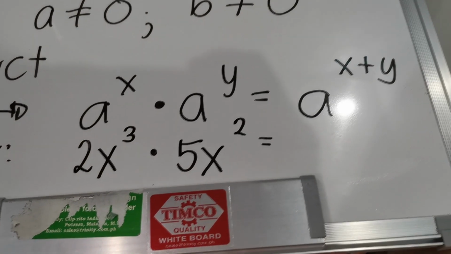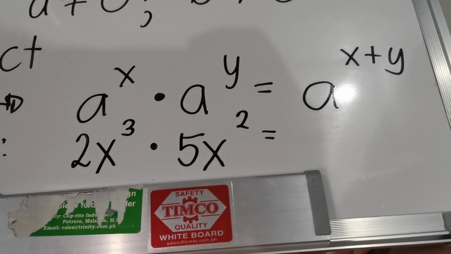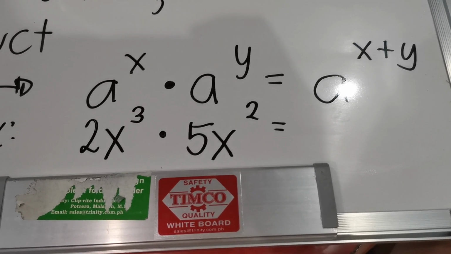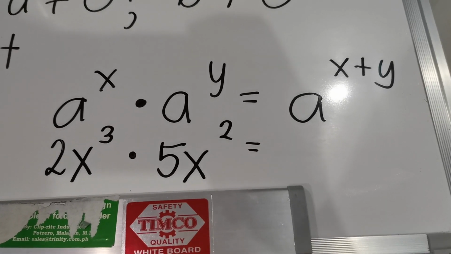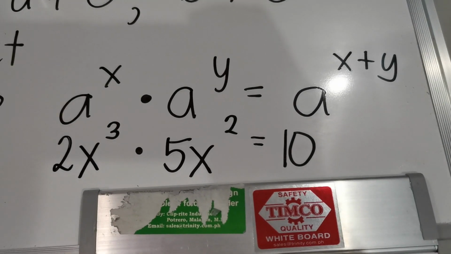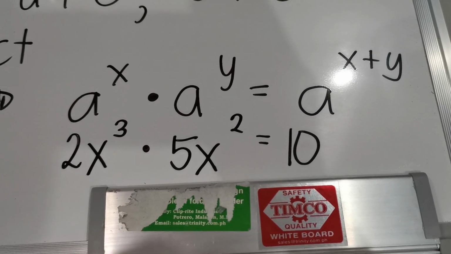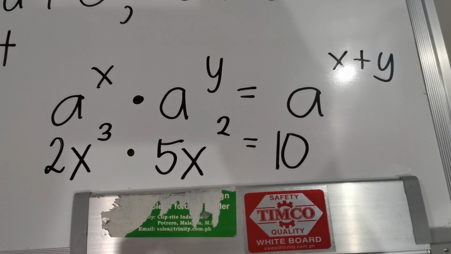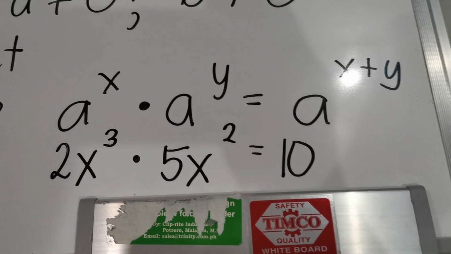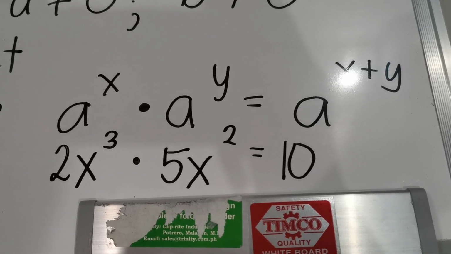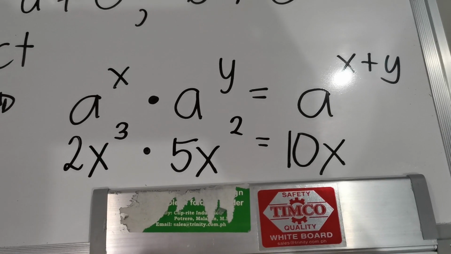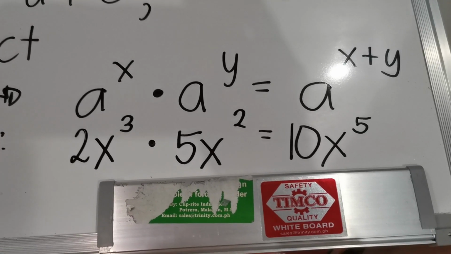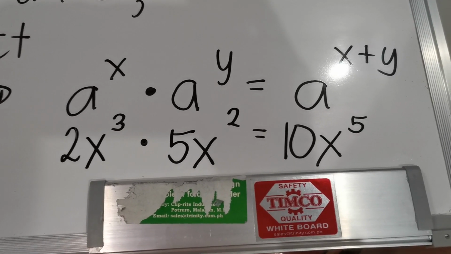In this case, i-multiply natin yung ating numerical coefficients which are 2 and 5. So, 2 times 5 is 10. And then, again, sa rule natin sa product, having the same base, ang gagawin lang natin sa exponents natin ay i-add natin. So, copy the base which is x. Then get the sum of their exponents. 3 plus 2 is 5. Okay? So, the answer is 10x to the 5th.